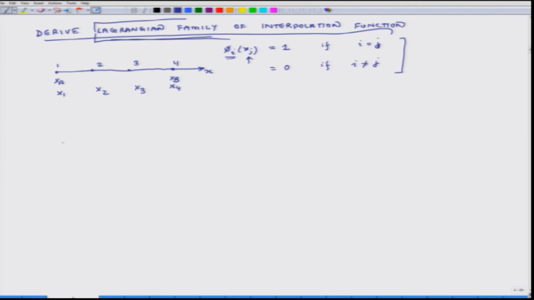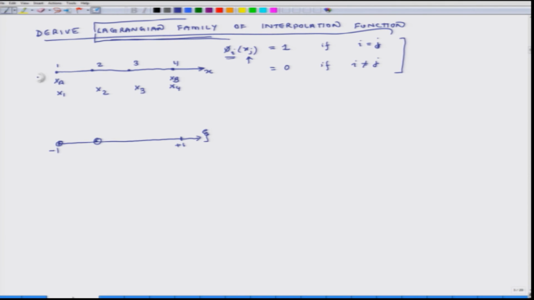Similarly, if I have to work in the natural coordinate system, then the length of the element is going to be 2. It will range from -1 to +1, and it will also have how many nodes?